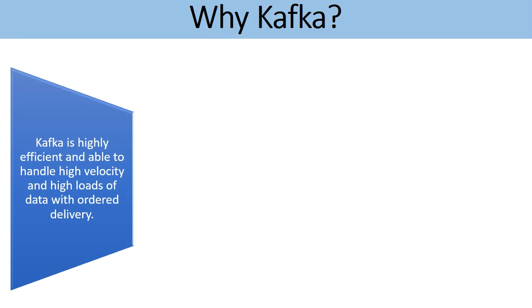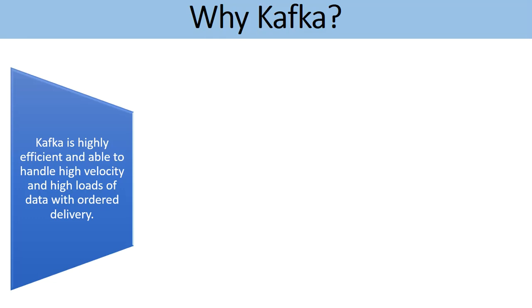When we talk about high velocity, it means that in many cases we have real time events, like cases where we have sensors which are passing data every second. So every second we are getting thousands or hundreds of thousands of messages. In those situations where we have high velocity and high loads of data, Kafka plays perfectly fine and does the job in an efficient manner.